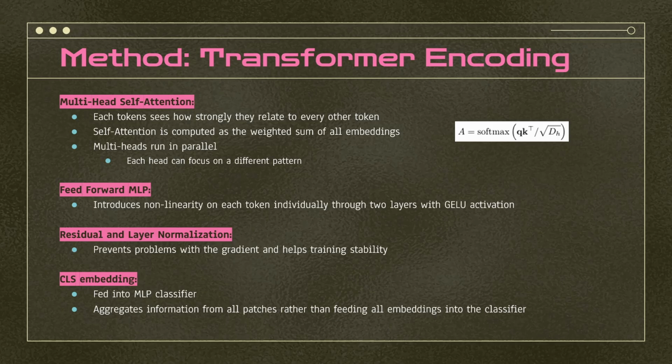And then finally, we have the CLS embedding that is fed into our MLP classifier. The good thing about that is all the aggregate information from all the patches is in that one embedding, instead of feeding every embedding into that classifier.